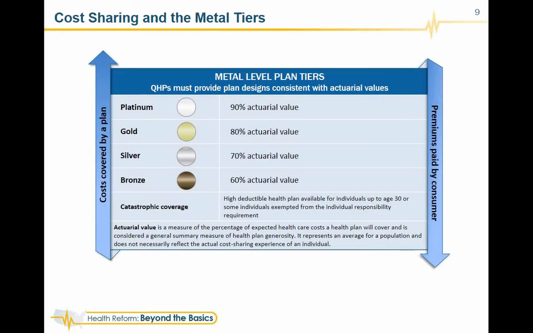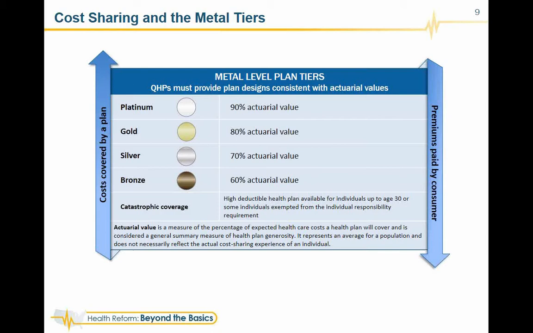So cost sharing and metal tiers. I think many people are very familiar with the fact that there are bronze, silver, gold plans in the marketplaces, as well as catastrophic coverage, but they may not really know what that means. So we just wanted to explain that there is a term, actuarial value.